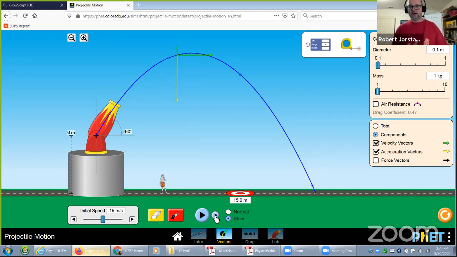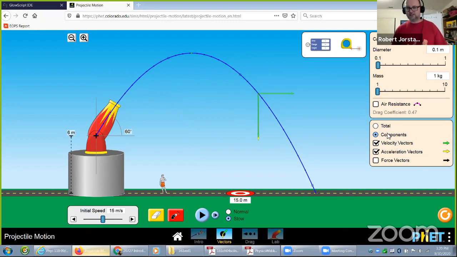Because those two are at odds, the vertical velocity is getting smaller, smaller, and then right at the top, right there, notice there's basically no vertical, but the horizontal is still there. And now we should start to see the vertical get bigger. Now that the vertical velocity and the acceleration are pointed the same direction, it gets bigger and bigger. It's speeding up. Vy is getting more and more negative.